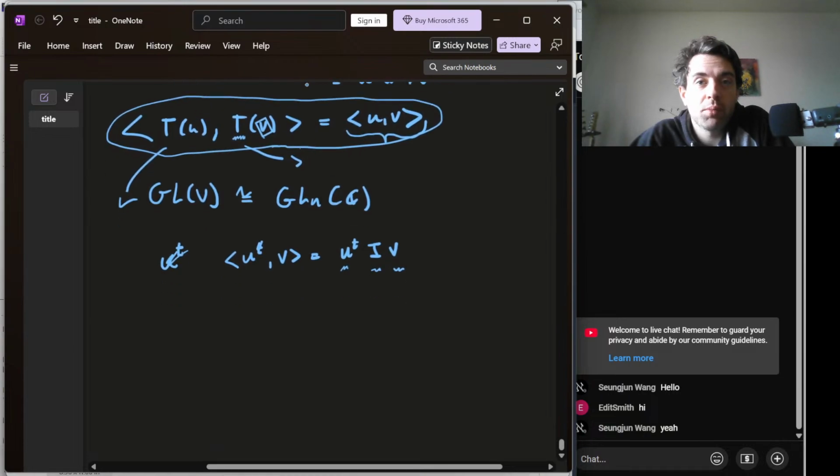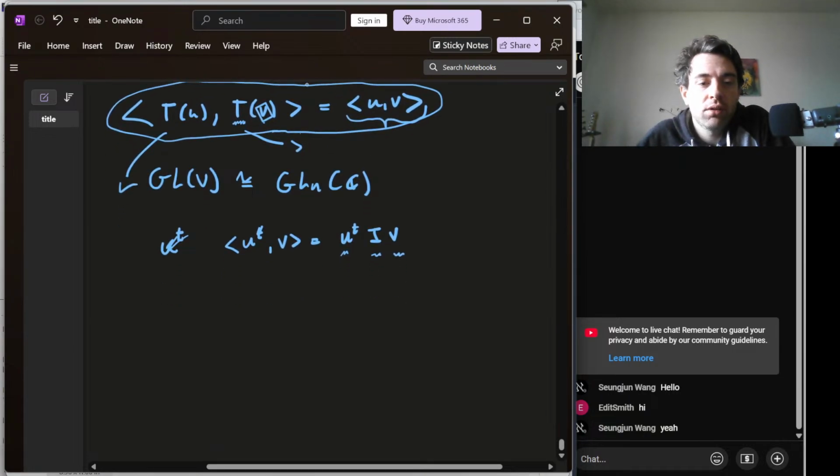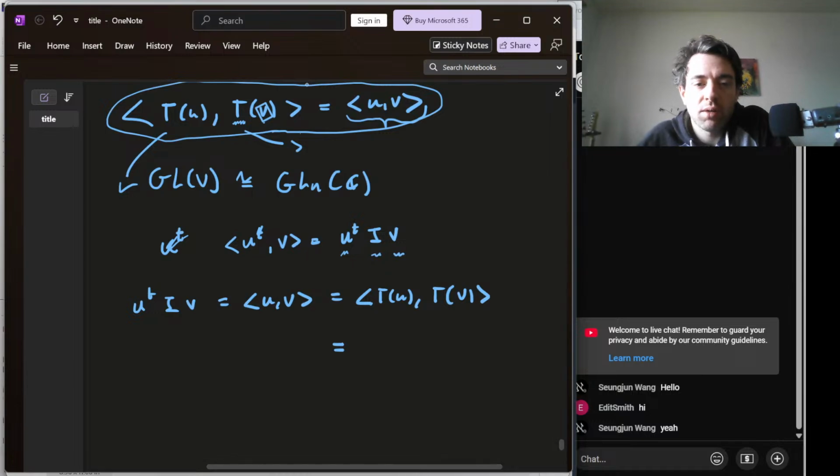So what would it mean for a matrix to preserve that? Well, let's write out the equation. It would be u^T I v equals the inner product of u and v, which is T preserving by assumption. So let's write it in matrix form. Maybe I'll write A for the matrix associated to T. So I can write this as Au inner product with Av.